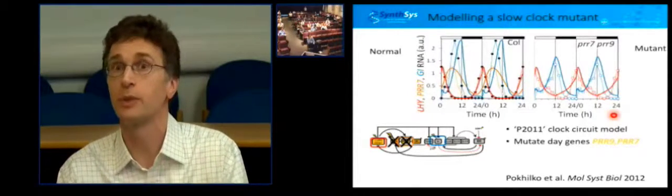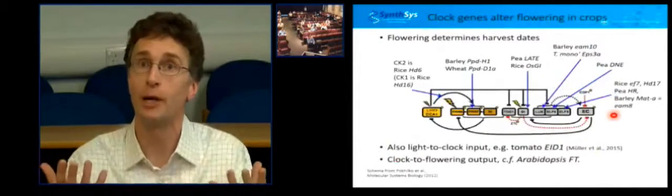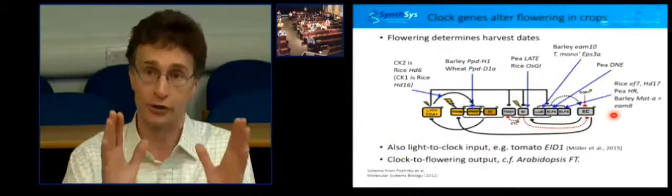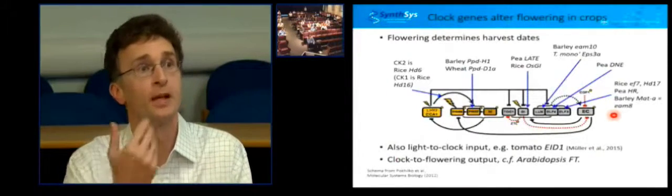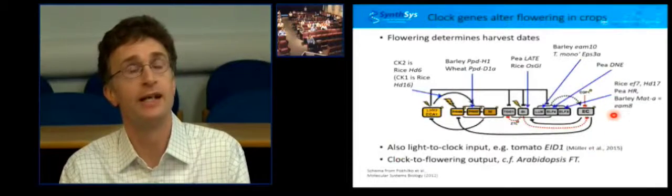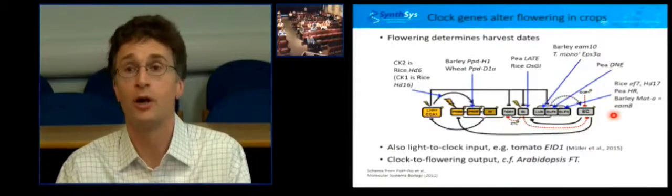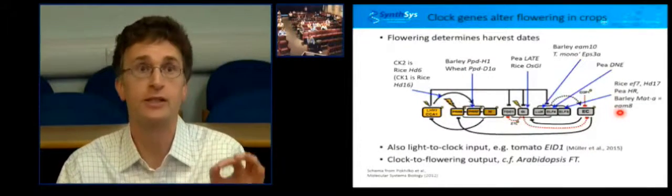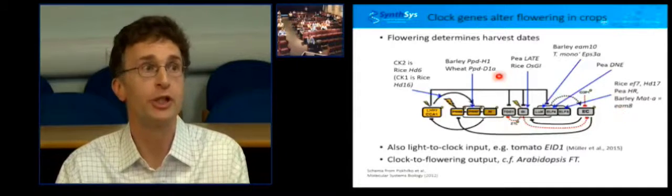So what of other plant species? What do we know about these same genes across crop species, for example? Well, here I'm plotting some of the homologs of the Arabidopsis clock genes that are known in crop species.